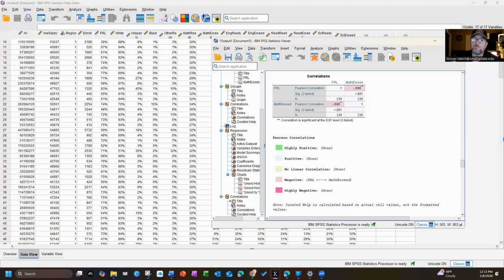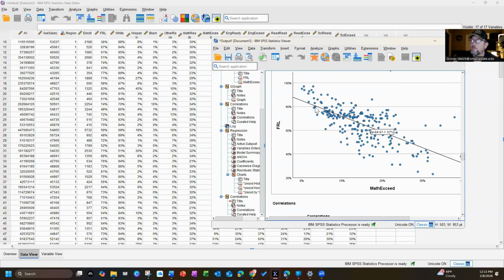That means, first, the correlation coefficient of negative 0.696 indicates a negative relationship between the two variables. This means that as the percentage of students receiving free or reduced lunch increases, the percentage of students scoring at the exceeding level in math tends to decrease.